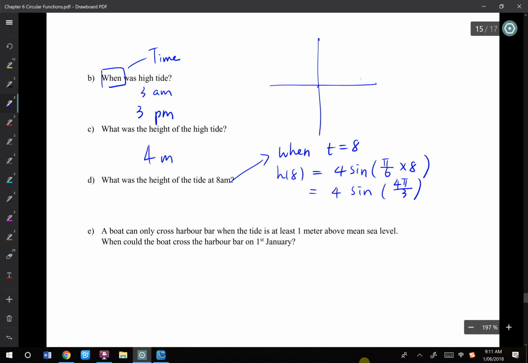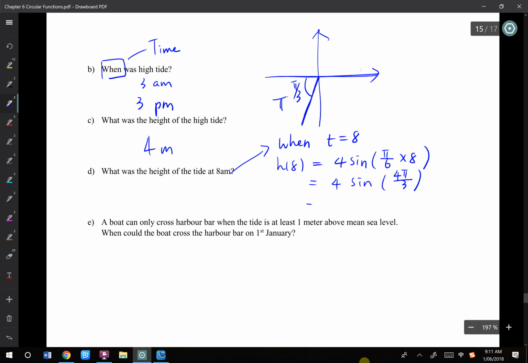Four pi over 3 is here, right? The reference angle is pi on 3, and that's the tangent quadrant. That gives you negative 4 sine pi on 3.